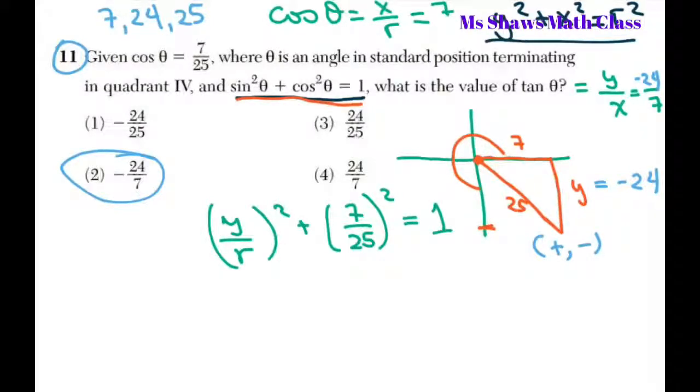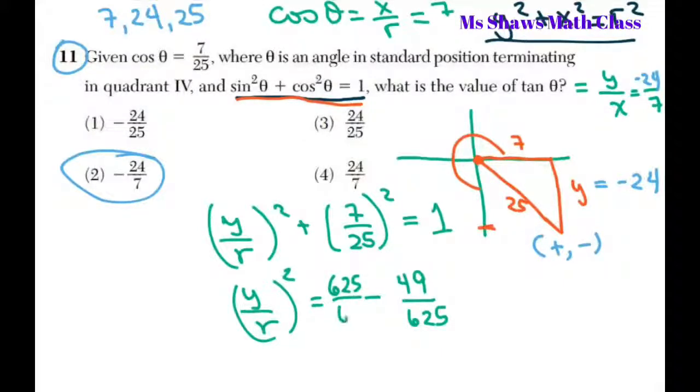So y over r squared equals 1 minus 49 over 25 squared. 25 squared is 625. So I'm going to change this 1 to 625 over 625, or you can use the calculator. I'm just getting the common denominator.